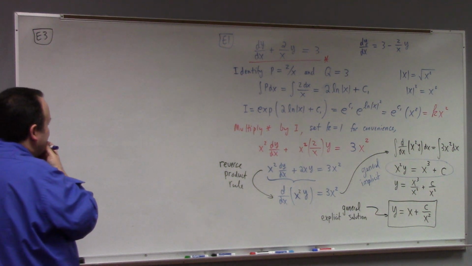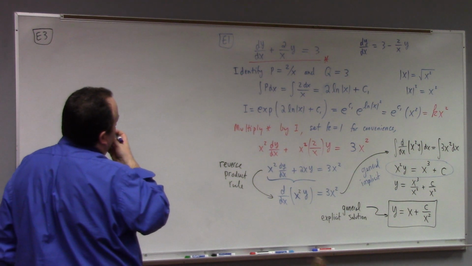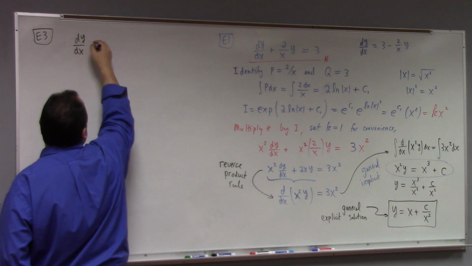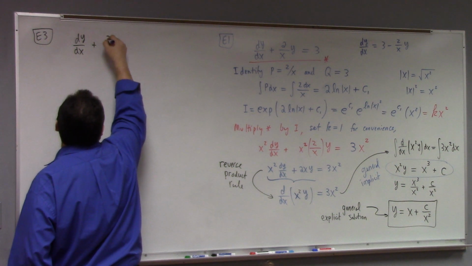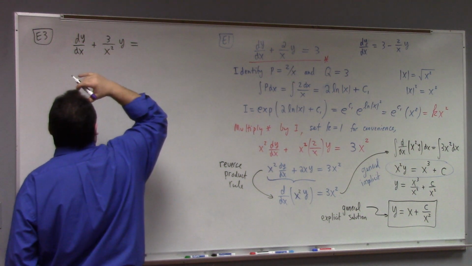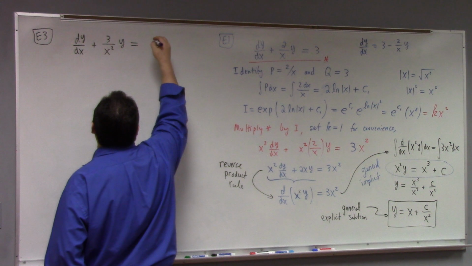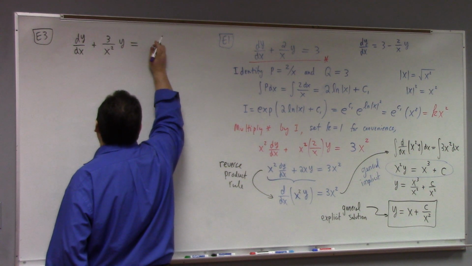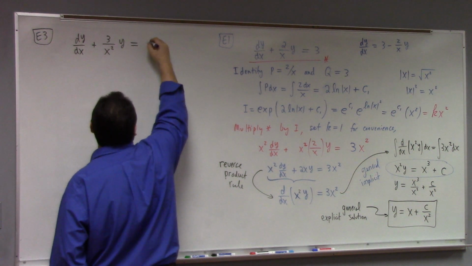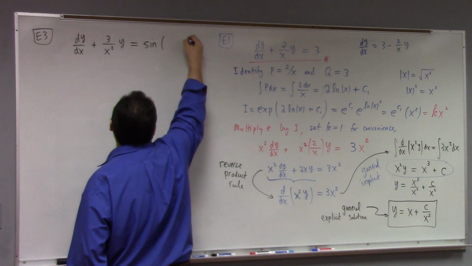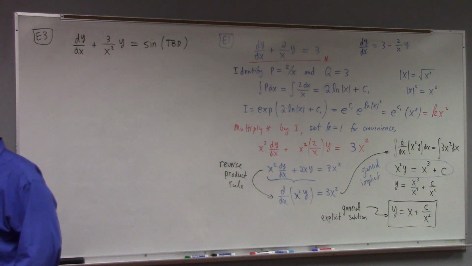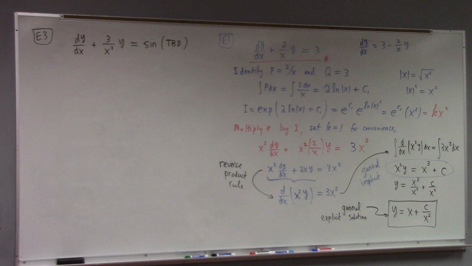All right, let's see what happens if we do dy dx plus, I don't know, 3 over x squared y equals, I'm going to put a sine of something TBD, to be determined.